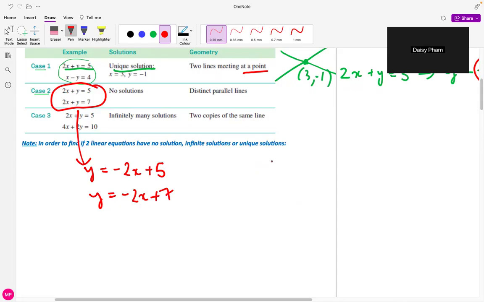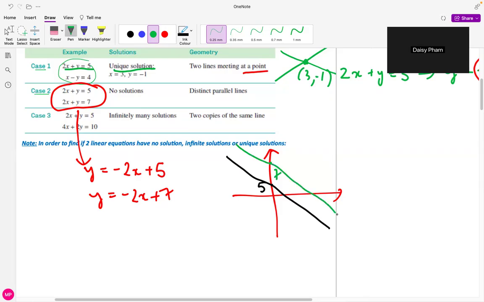If you sketch these on the Cartesian plane, the y-intercept is 5 here with a negative gradient, so the line goes down like this. This is y equals -2x plus 5. For the second graph, the y-intercept is 7, and it goes down again with the same gradient.